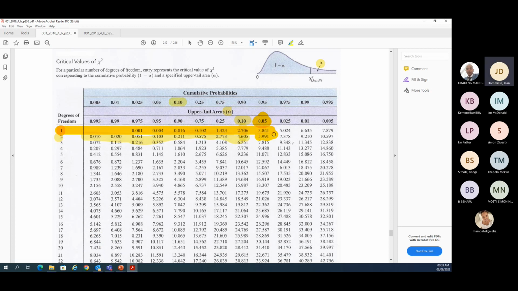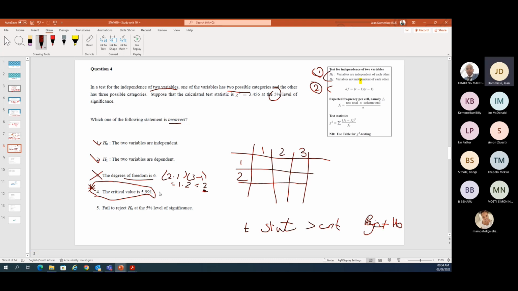So now we're sitting with 5.991. 5.991 is correct. Okay, so your critical value is 5.991.